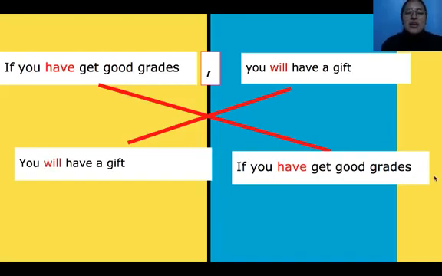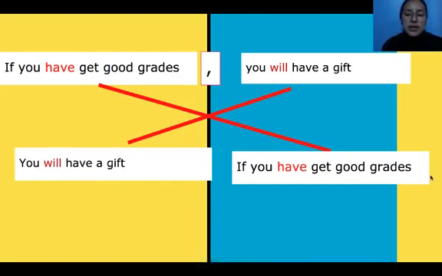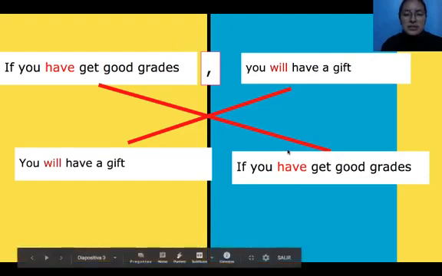Okay. In this case, the result is that you will have a gift, and the condition is if you get good grades. You can change, but what is the difference between both sentences?